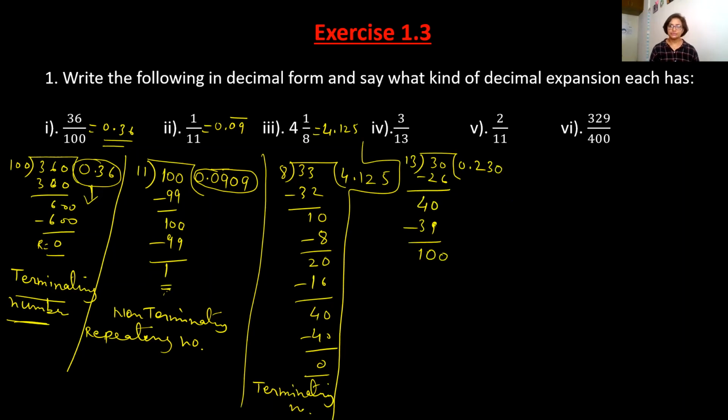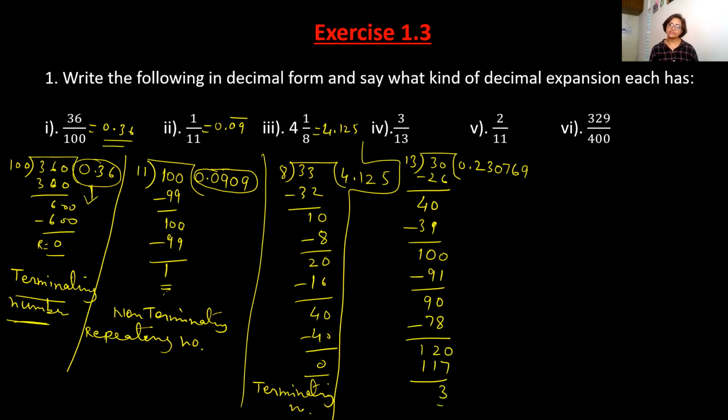And then you will divide it, 7 times it will go. 13 sevens are 91. Then here 9 will come. You will add a zero, and then it will go 6 times. So 13 6s are 78. Now 12 will come here. If you are adding one more zero, now it will go 9 times. 13 9s are 117. So again you are getting 3 here.